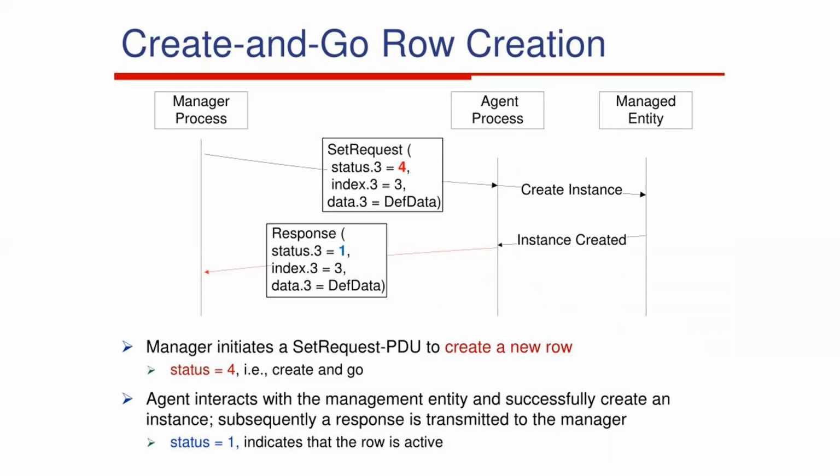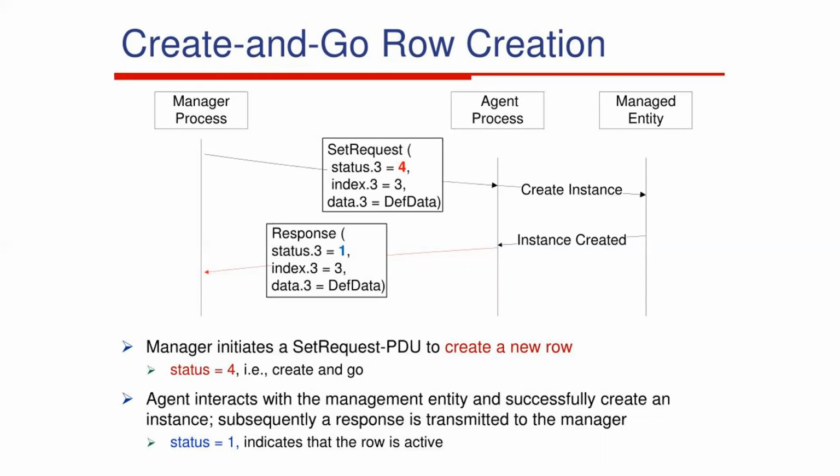Then create and go row creation. The diagram shows the create and go row operation. The manager process initiates a set request PDU to create a conceptual row with the values given for the 3 columnar instances of the row. The value for the index column is specified by the index 3.